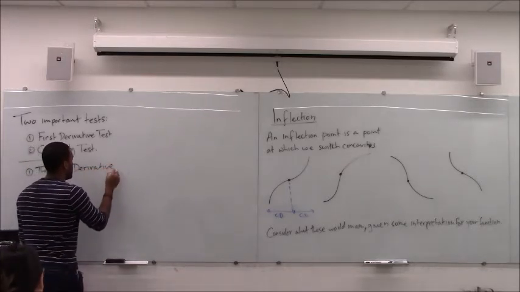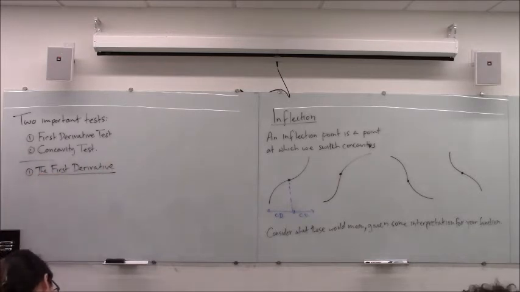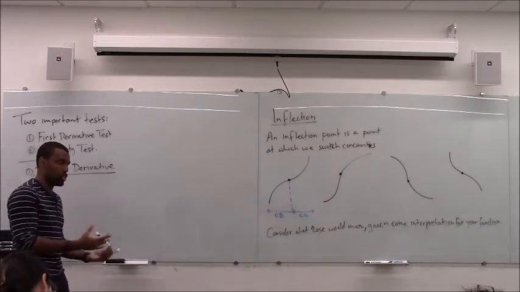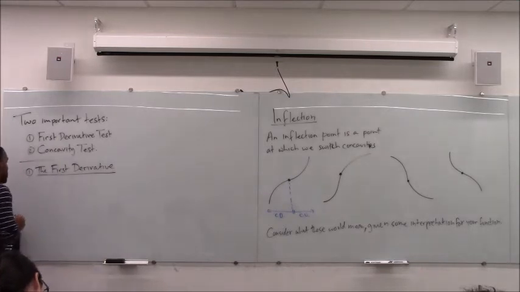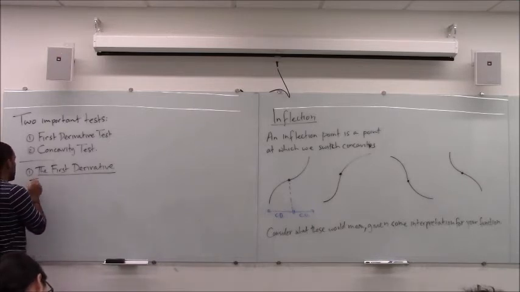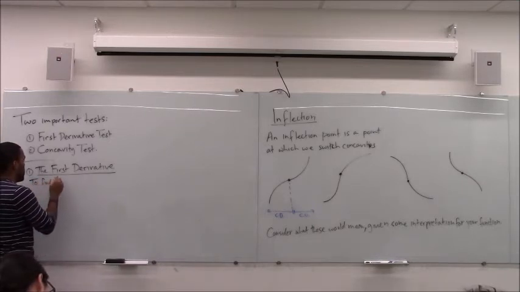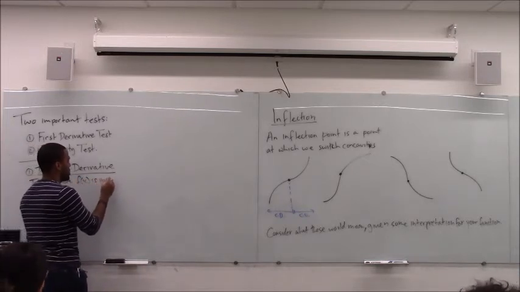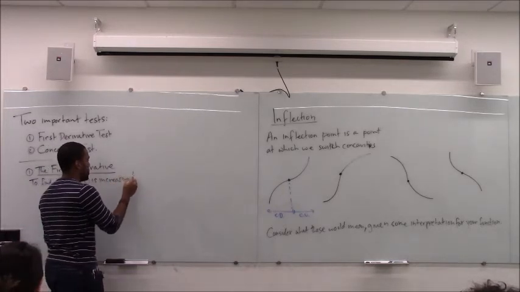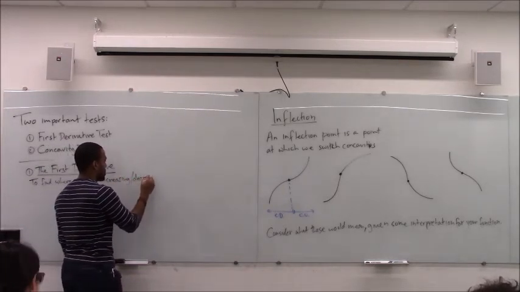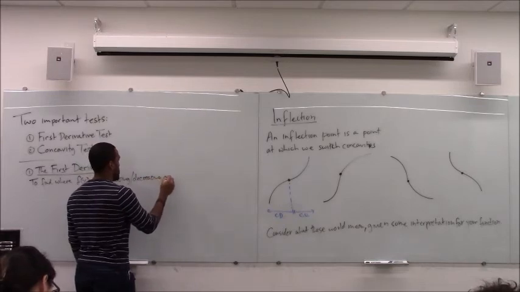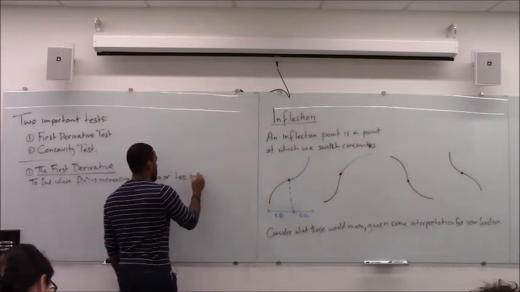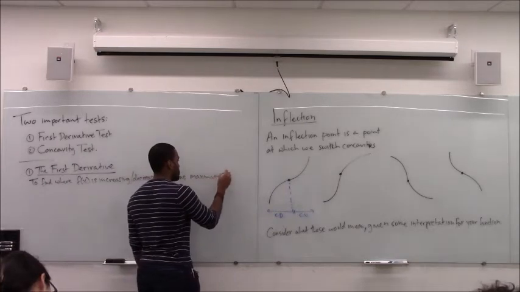Here, the first derivative test shows you one of the reasons why the first derivative is a super important thing to calculate. Not only can it tell you about increasing and decreasing, but it can tell you something else. It can tell you to find where f of x is increasing, decreasing, or has maximums, minimums.